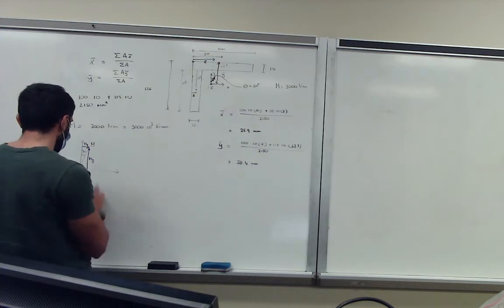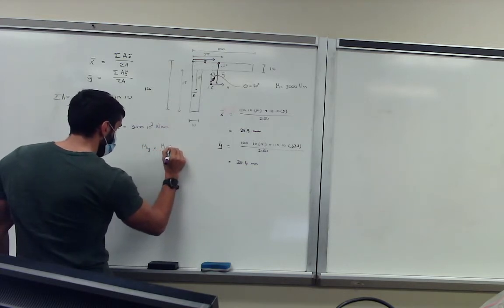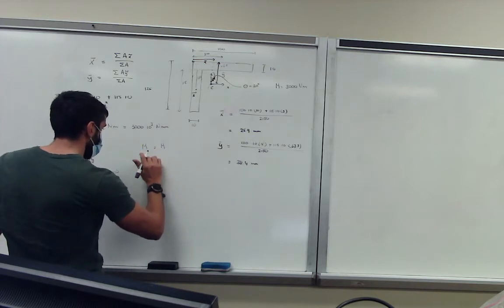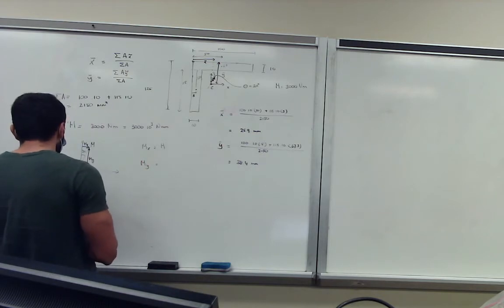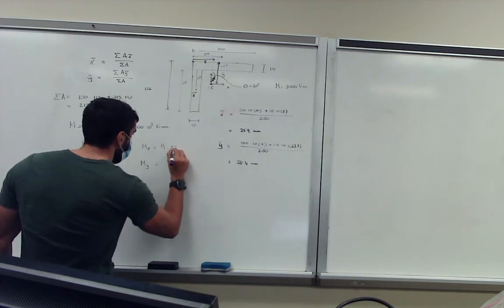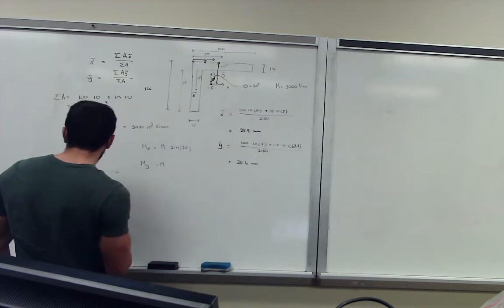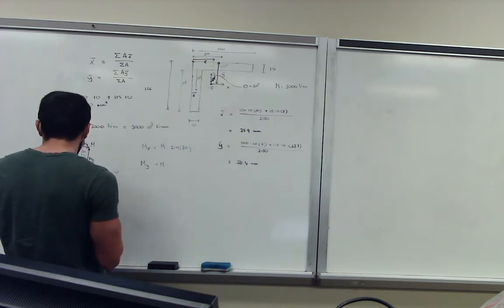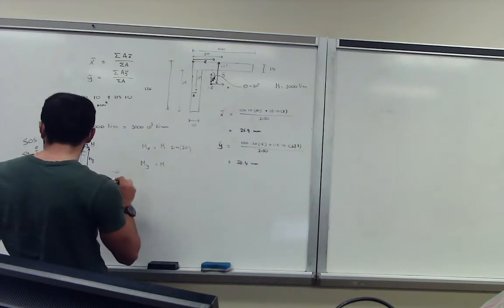Is that correct? That should be sine 30. And this should be cosine 30.